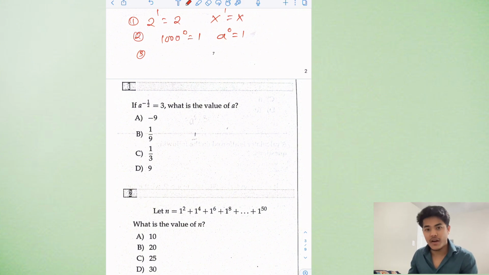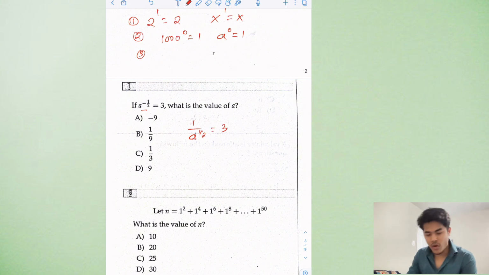In question number 1, what is the value of a? All right, we can do this. So here, a raised to negative 1 over 2, and we can flip that term upside down. We can write it down like this, equal to 3.